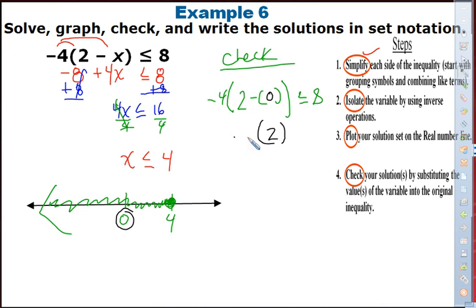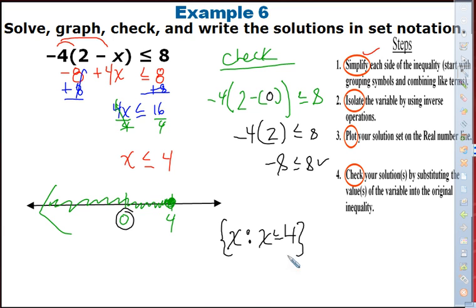Bring down the negative 4, less than or equal to 8. Negative 4 times 2, that's negative 8. Is negative 8 less than or equal to 8? Yes, that's true. In our notation: the set of all x such that x is less than or equal to 4. Hands up if you got all those points by yourself. Okay, very good. Let's continue.